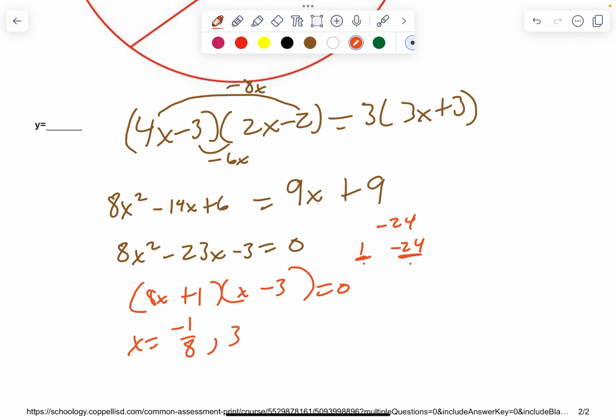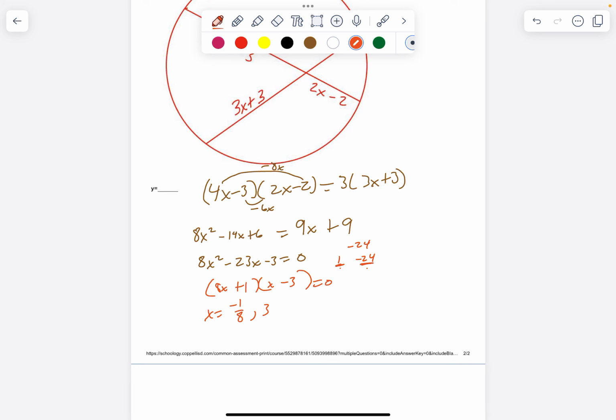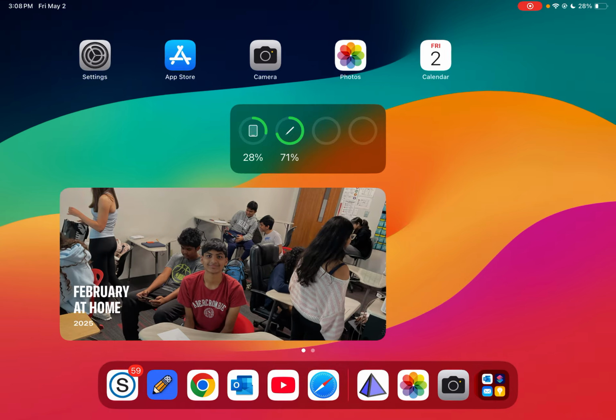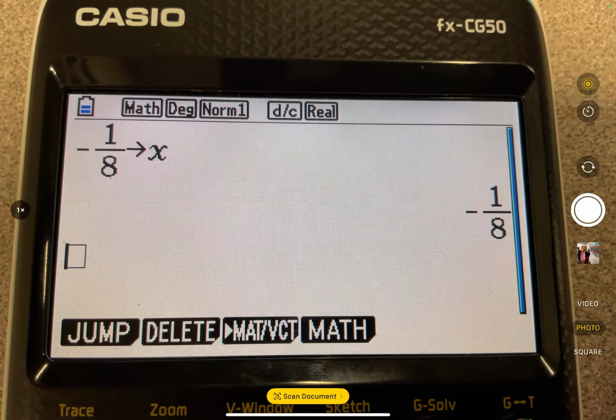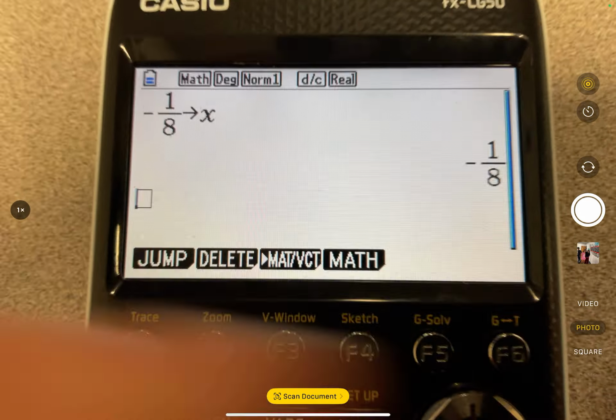Well, we got to test those out. I'm going to take a moment now to maybe do something that we haven't done a lot. I'm going to take negative 1/8 and store it into x, just to show you this move. So you don't have to watch this part if you don't want. If I take negative 1/8 and store it into x, how did I do that?